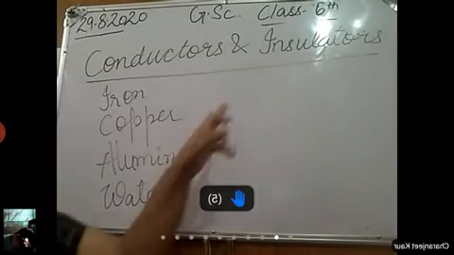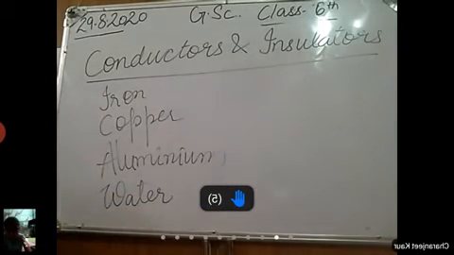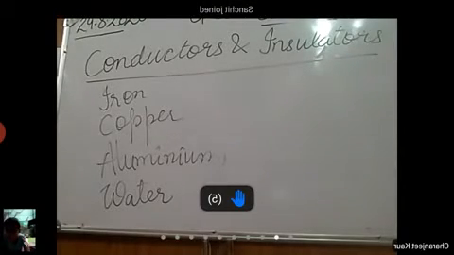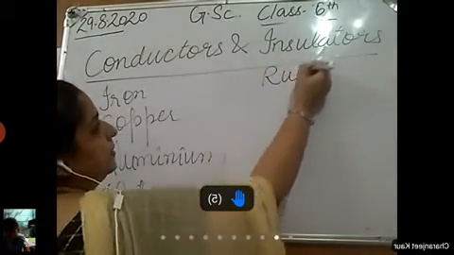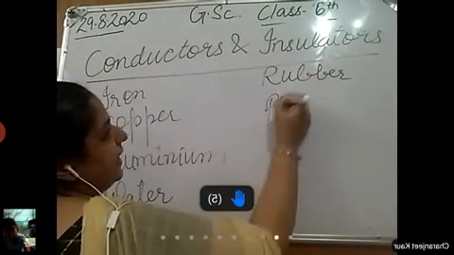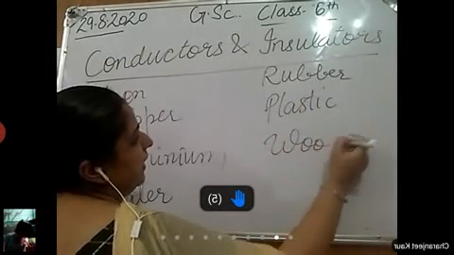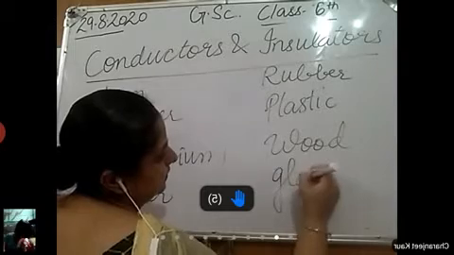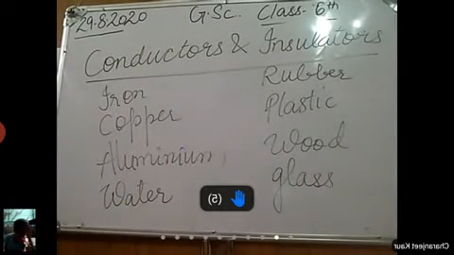So water is also considered as conductor. Now what are insulators? Insulators are materials that do not allow electric current to pass through them. Examples are rubber, plastic, wood, glass, and you know what is air?